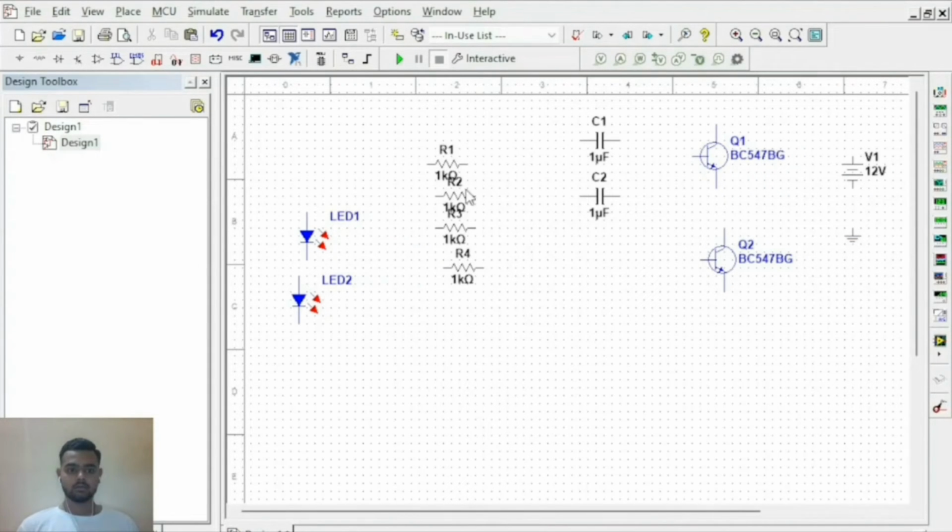So now let's build this circuit. Firstly, we'll connect all 4 resistors with the power supply.